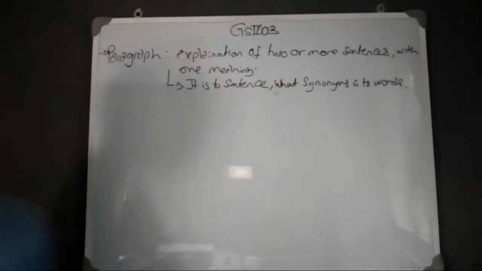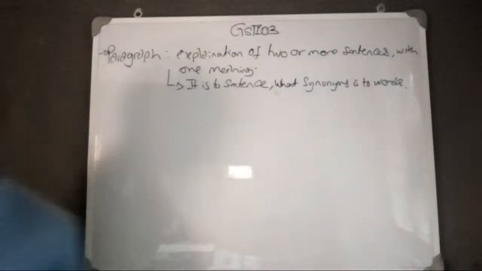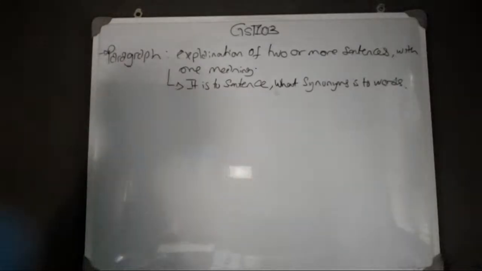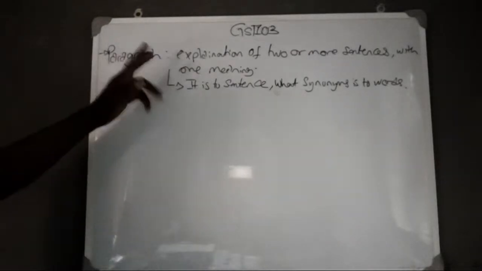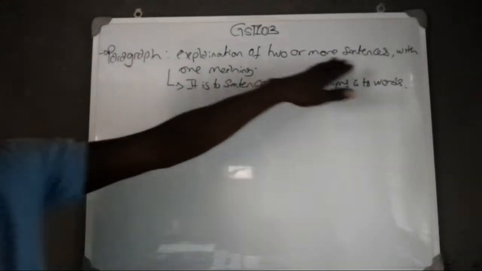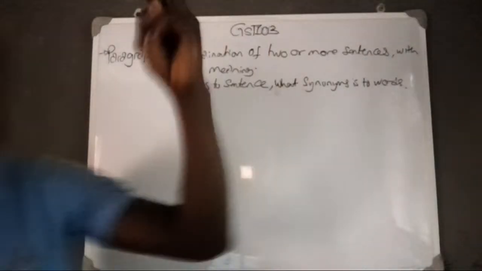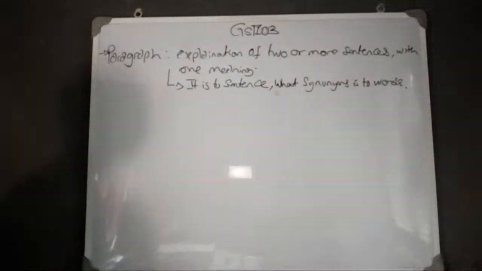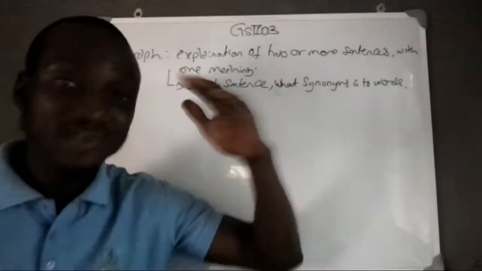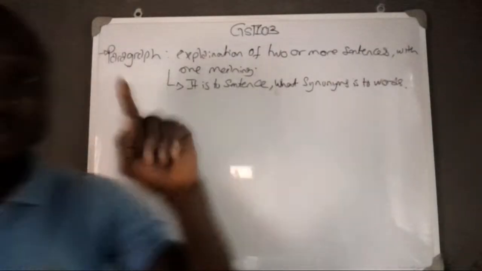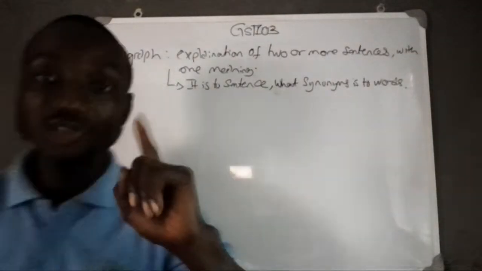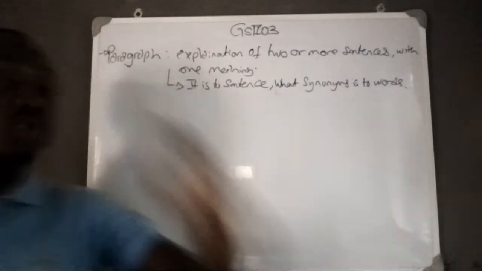Paragraph is to sentence what synonyms is to words. Now, what are we saying here? Paragraph is said to be an explanation of two or more sentences with one meaning. Sentences explaining sentences with a central topic, with a topic sentence, with one meaning.